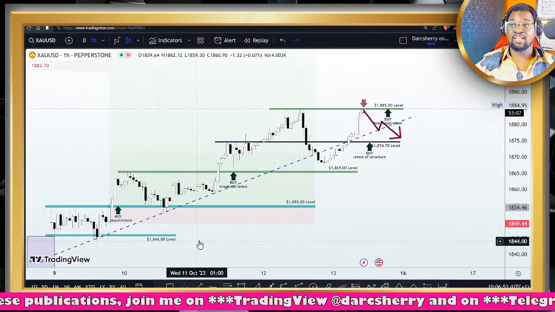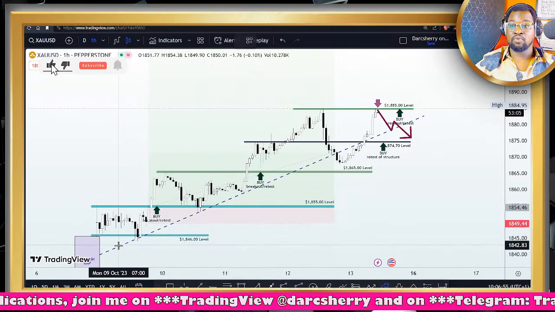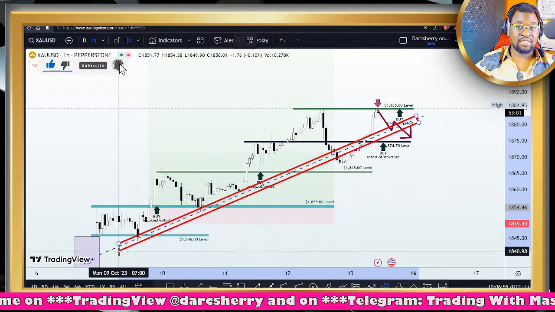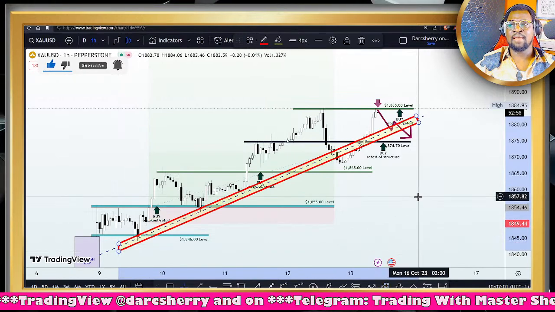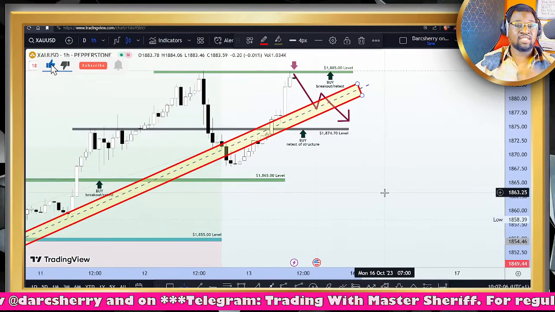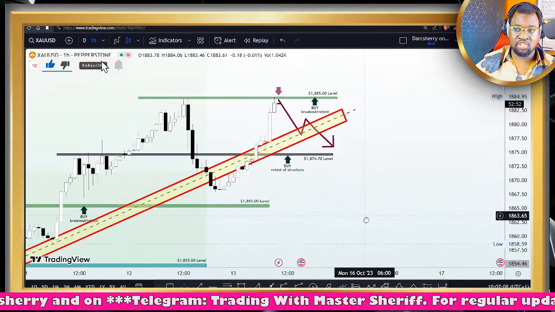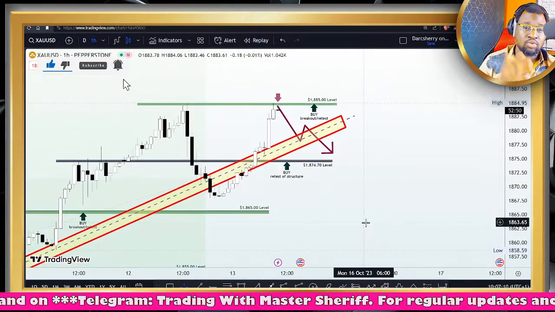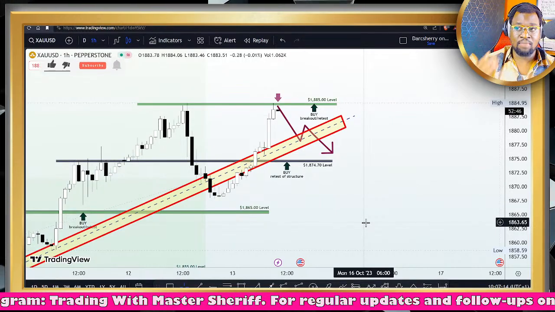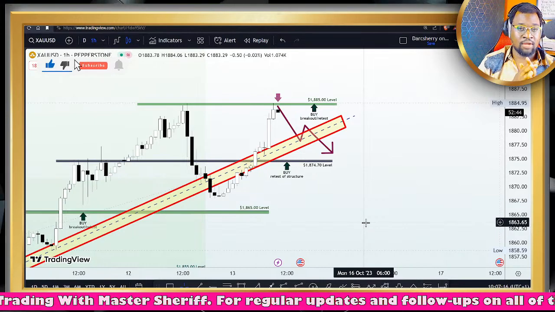Remember, this trend line has been supporting our bullish momentum since the beginning of the week, and if price breaks down that trend line the second time, and this could be maybe the inflation of the US economy is seen to be very, very strong at this point in time, which could incite some interest rate hike for next month, then we might be seeing a crash to the downside there.